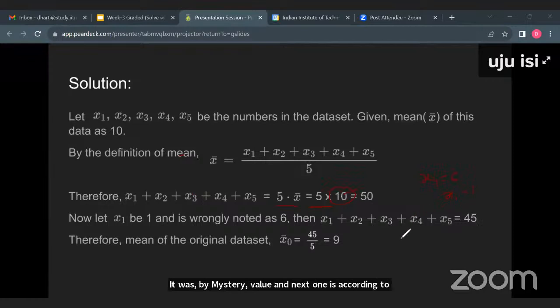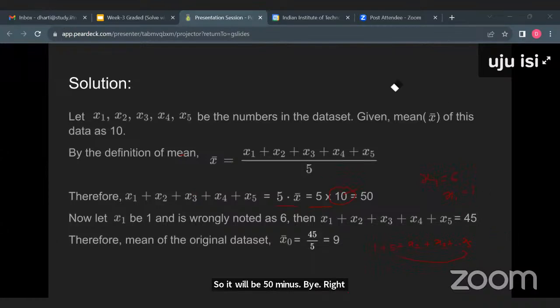So we write x1 as 1 plus 5, plus x2 plus x3 plus x4 plus x5, and moving the 5 across, it will be 50 minus 5, which is equal to 45.